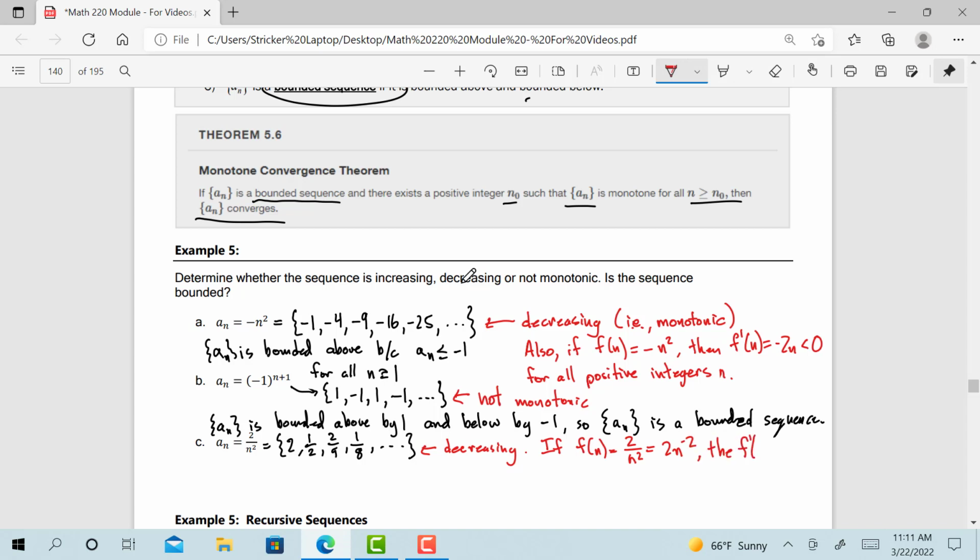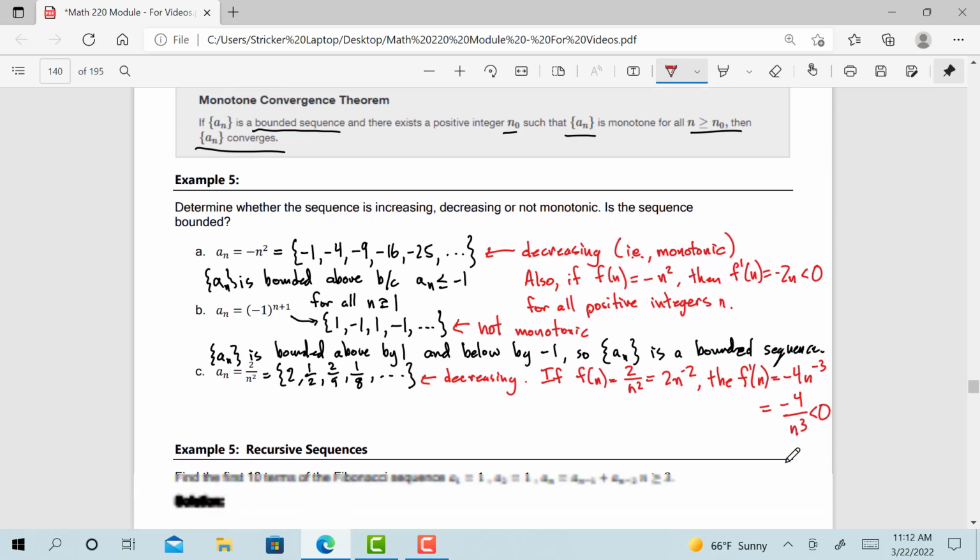F prime of n equals -4n to the -3, which is -4 over n cubed. And so notice that this is always going to, again, be less than 0. The derivative is always negative, which means it's always decreasing. So it's decreasing for all n greater than or equal to 1.